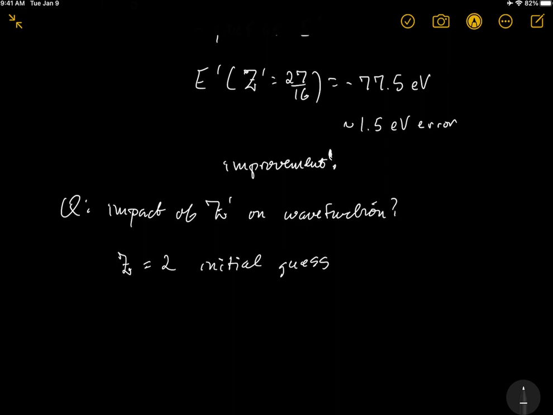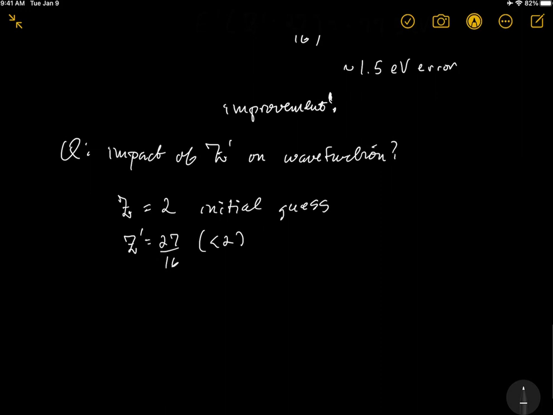And again, what we ended up with as our variational result is 27/16, which is less than 2.